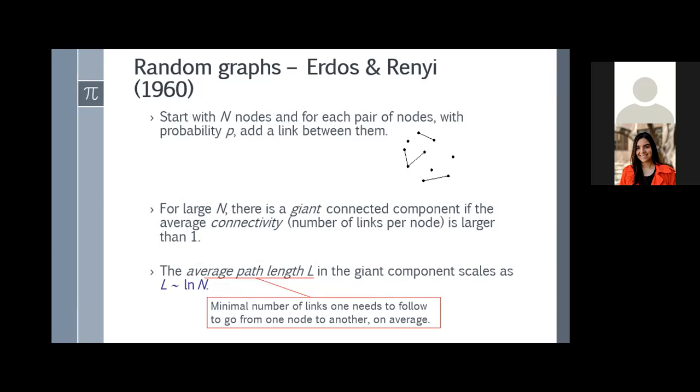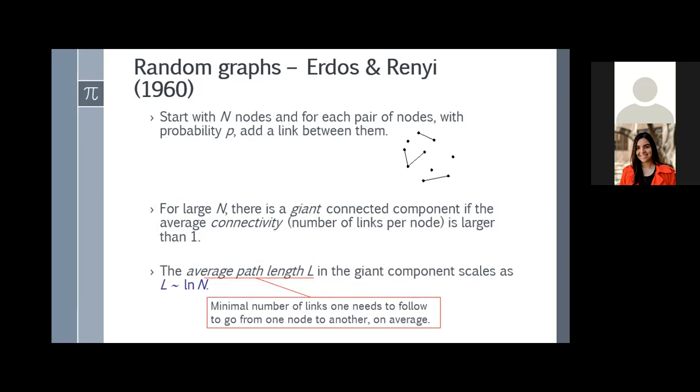And since the graph is random, I can calculate an average length. It appeared that the expected length between any pair of points in a giant component of a random graph behaves as the logarithm of n, where n is the number of nodes. So this is the property.